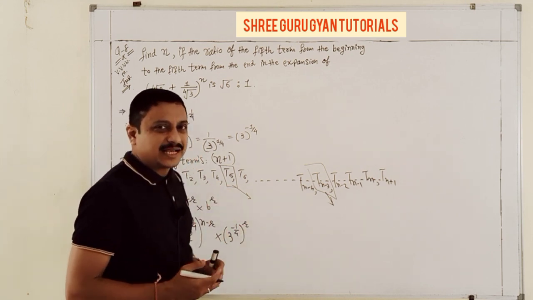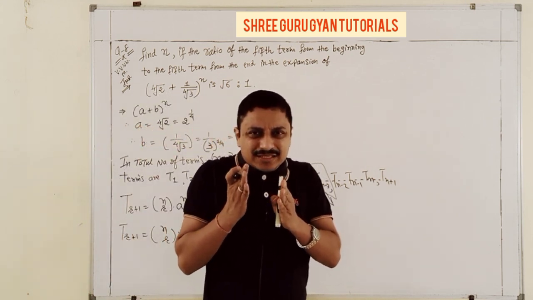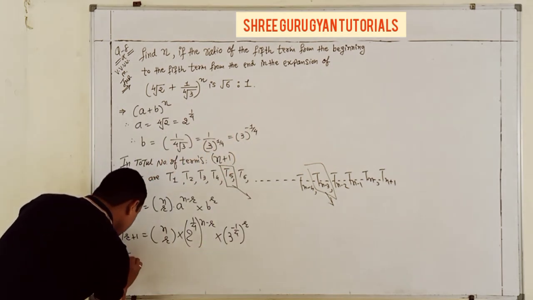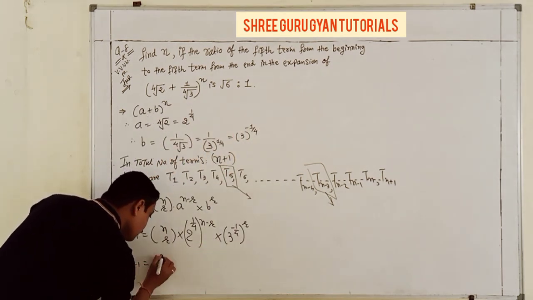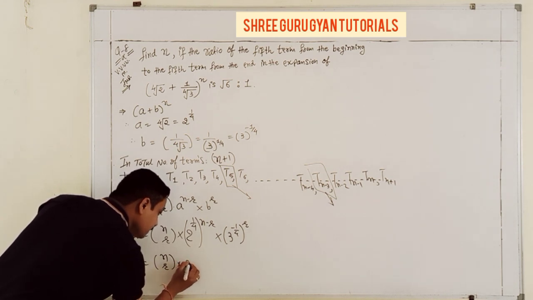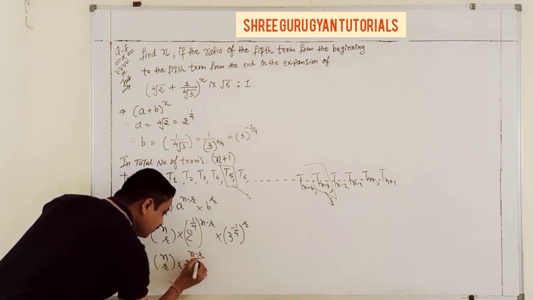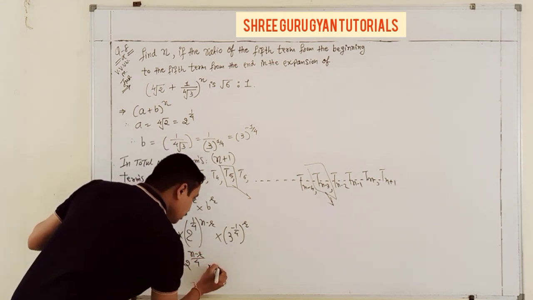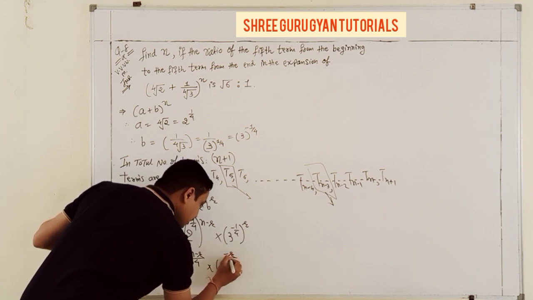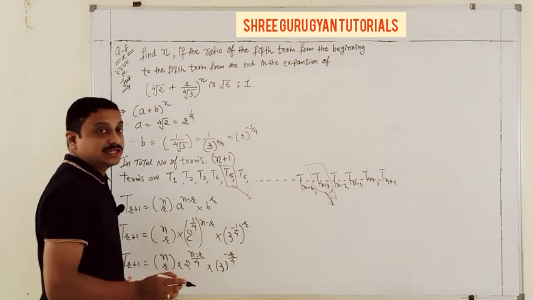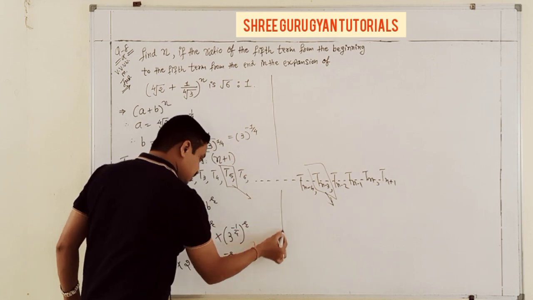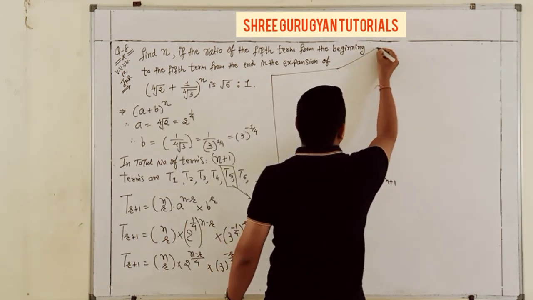Rearranging and simplifying, T(r+1) is nCr, 2 raised to (n minus r) by 4, and 3 raised to minus r by 4. These parts are used in the given ratio, students.